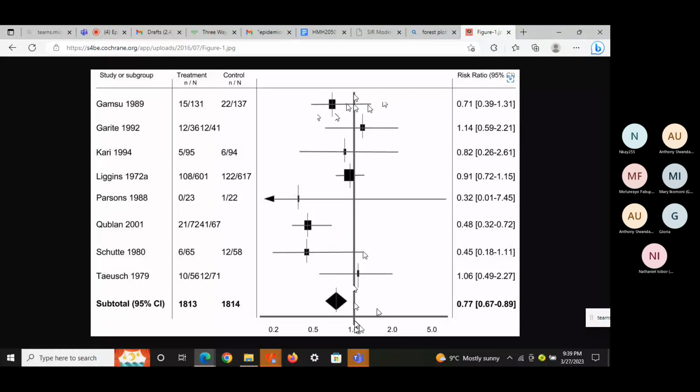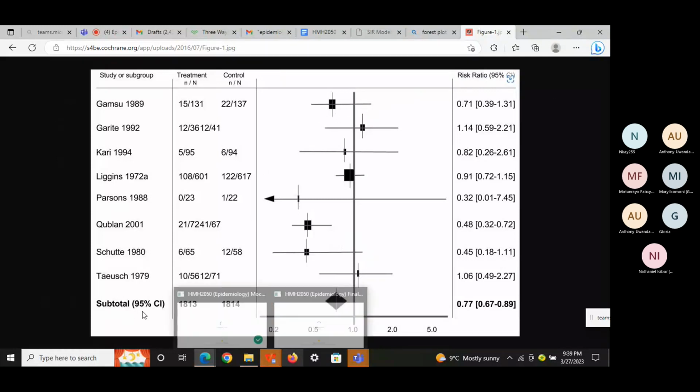You cannot say 0. Can you say 2 divided by 3 and the answer is 0? No. So whenever you're talking about risk ratio and odds ratio, it is always 1 that we use as the line of no effect.